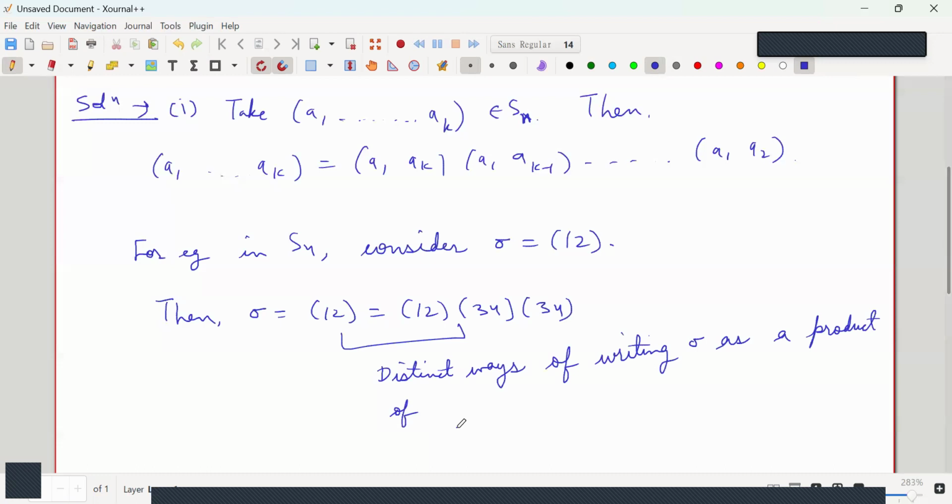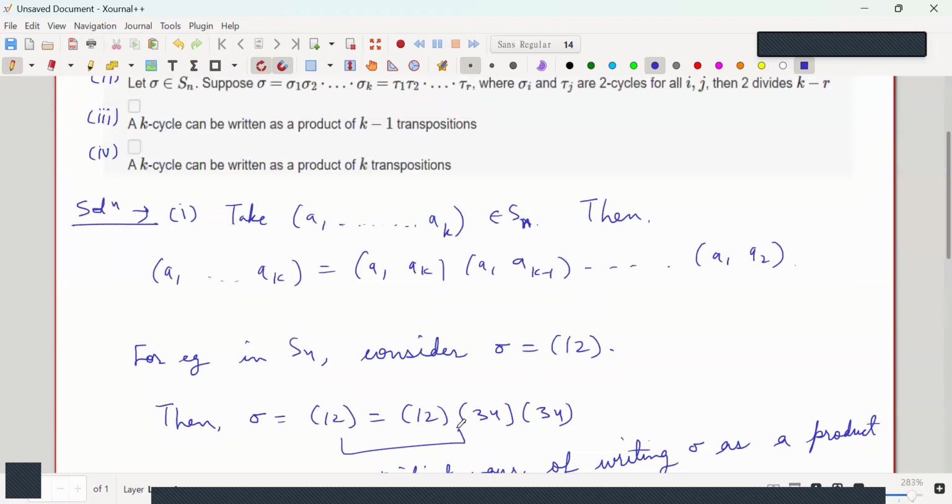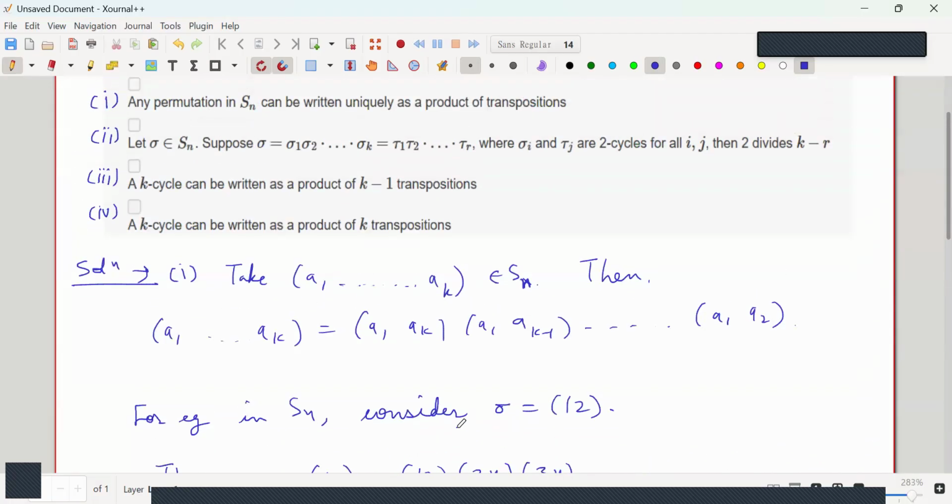So, am I audible? Yes, sir. So the word uniquely is there. If you remove it, then it's okay. Any permutation in Sn can be written as a product of transpositions.